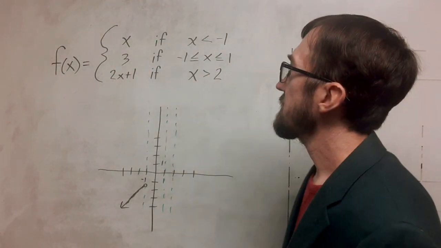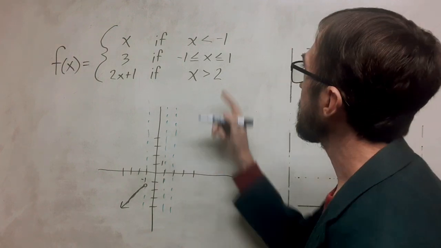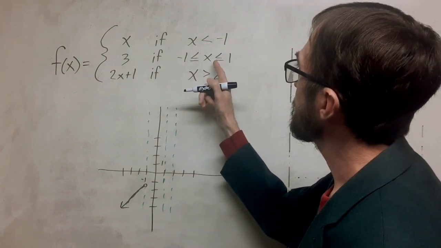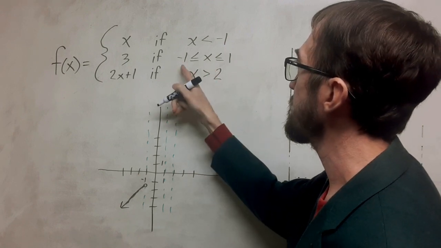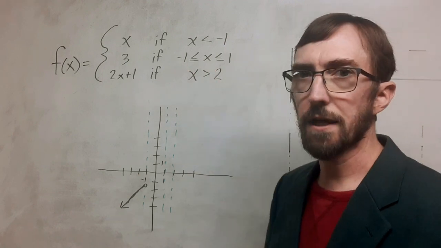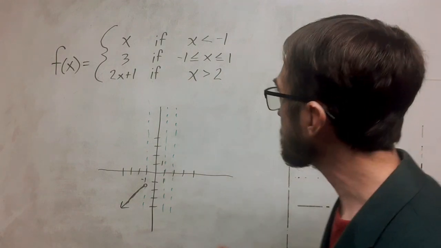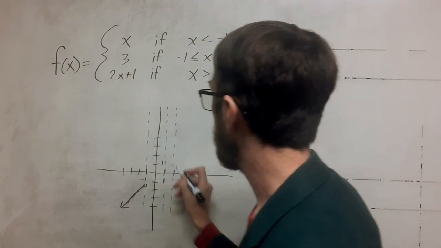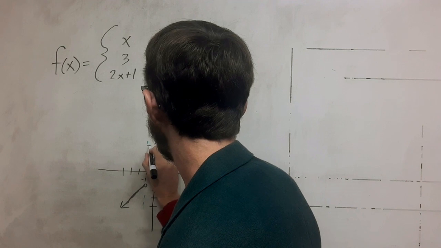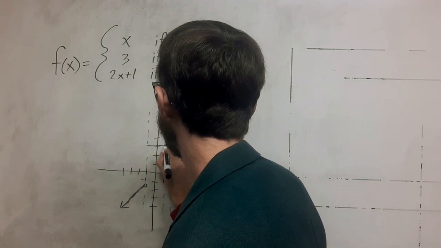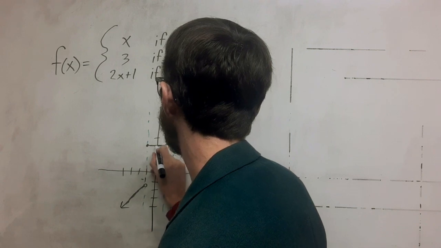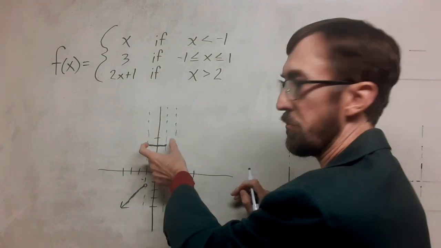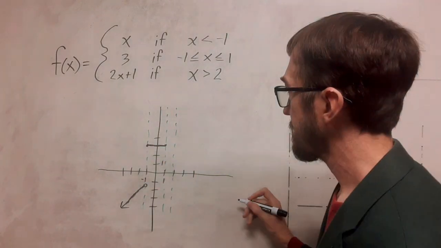So there's no special calculation we need to do there. I can choose 0, I can choose 1, I can choose -1, and I can choose any of the fractions in between. Everything is going to be 3 for the y value. So I'm filling in those endpoints. Those are solid. So I have kind of like a little bar right there.